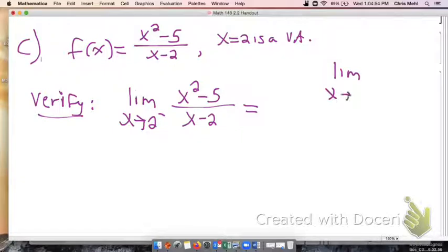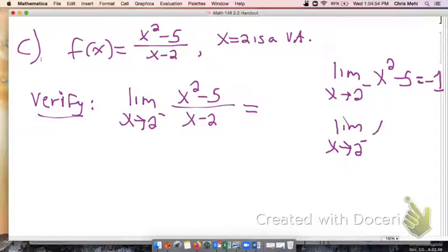The limit as x approaches 2 from the left of the numerator is equal to 2 squared minus 5, which would be negative 1. And the limit as x approaches 2 from the left of the denominator is 0.